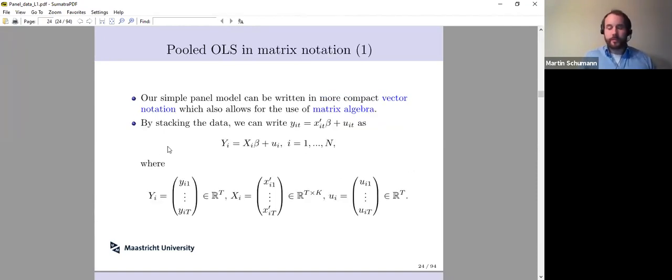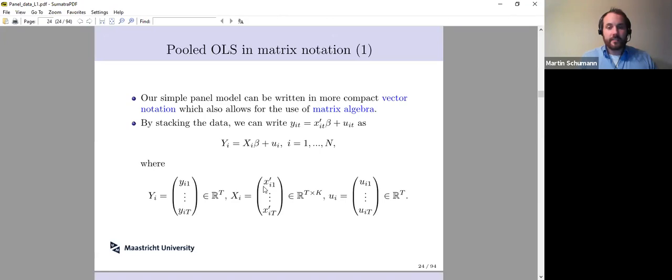Now, something important. What we used so far is that we have the data on the it level. However, we can make our OLS estimator more similar to what we already know by stacking up the data. This is also where this idea of a system of equations comes into play. For instance, we can stack the yit, so yi1 to yiT, in one single vector, which we call yi.